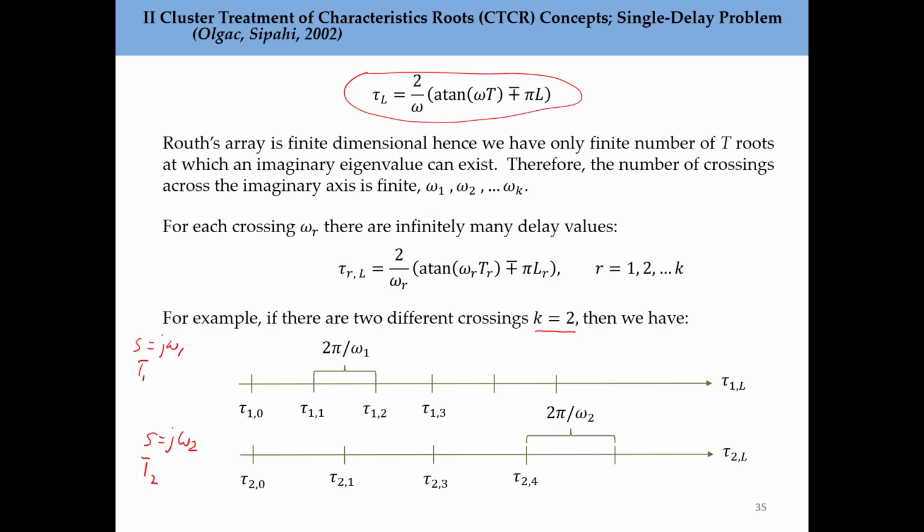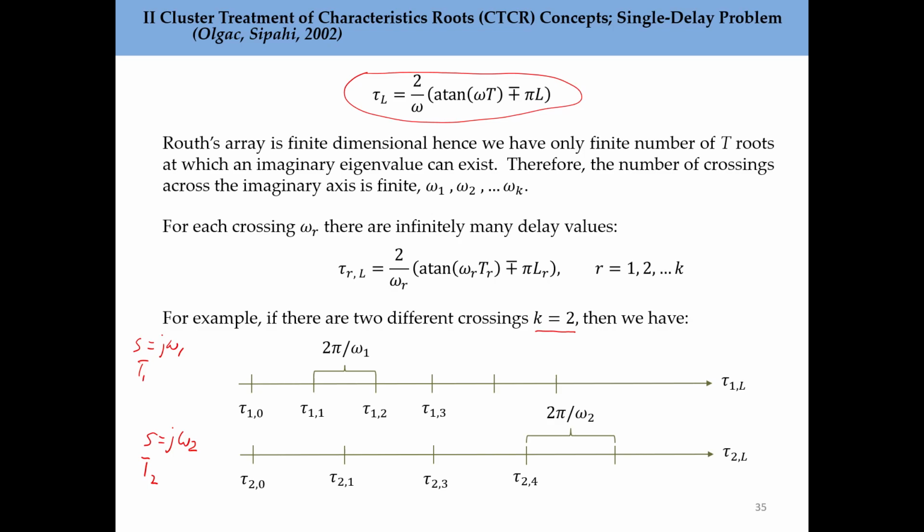Using omega 1 and t1 in the arctangent formula, we compute these delay values here. Likewise, you use omega 2 and t2 in the arctangent formula to compute another set of infinitely many delay values shown here at the bottom. Of course, if you have more than two crossings, then the story continues. You can stack them on top of each other for a clear view of what's happening.